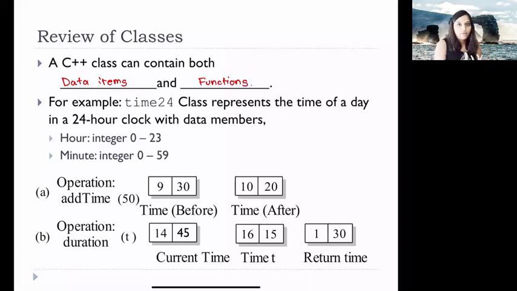Data items are variables that you always use in any program, right? I think we do not need to go into the role of variables in a program, and you all are well versed with that. And even functions, I don't think we need to go one more layer down to nail down the definition of functions.